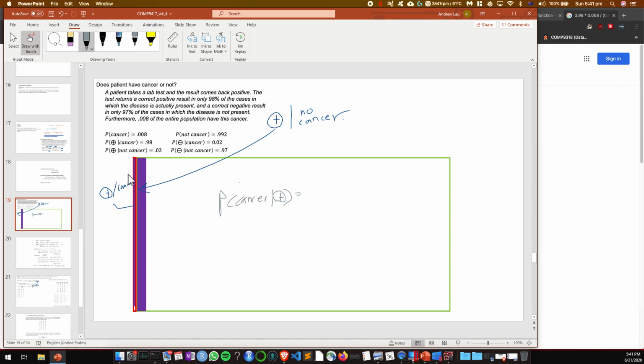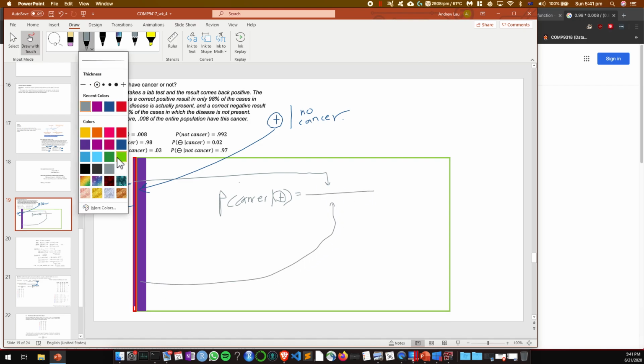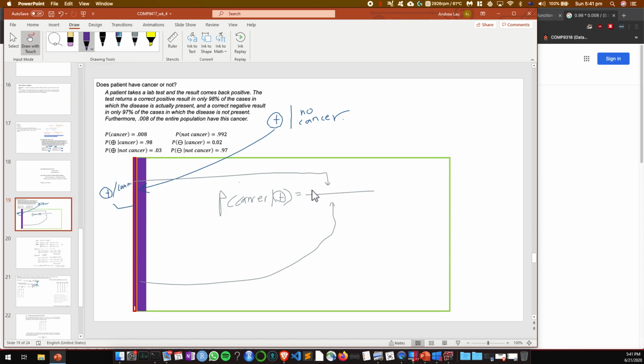So these purple ones are all the people with positive tests, but out of all of them, it's really something like this. You have this tiny sliver here. These are the people who have cancer and it's positive, and then it's swamped by the people that don't have cancer but still come back positive.